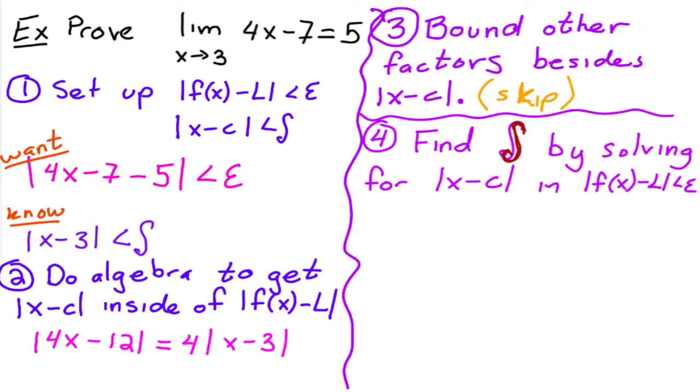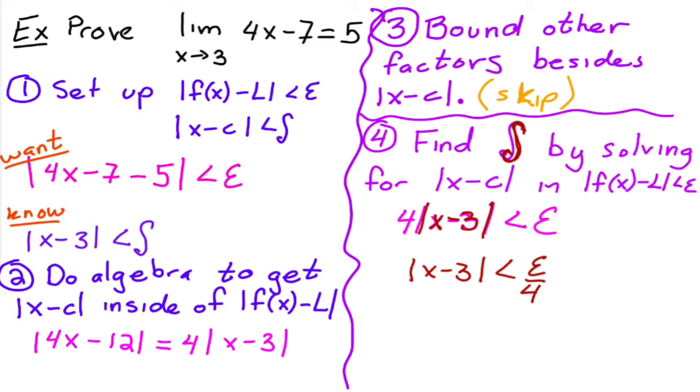Remember, you get to choose delta. So you go back to this one that you just had, for x − 3. This is |f(x) − L| < epsilon. You're not stating this as fact; you're using it because you want to solve for x − c. That's easy enough. |x − c|, or |x − 3| in this case, is going to be less than epsilon over 4.